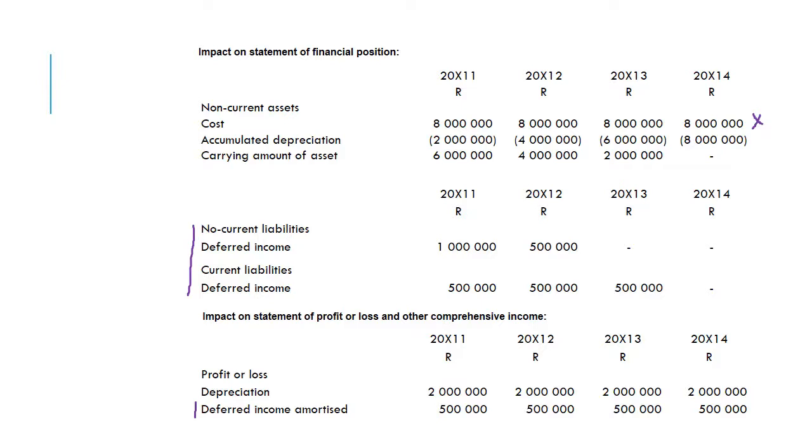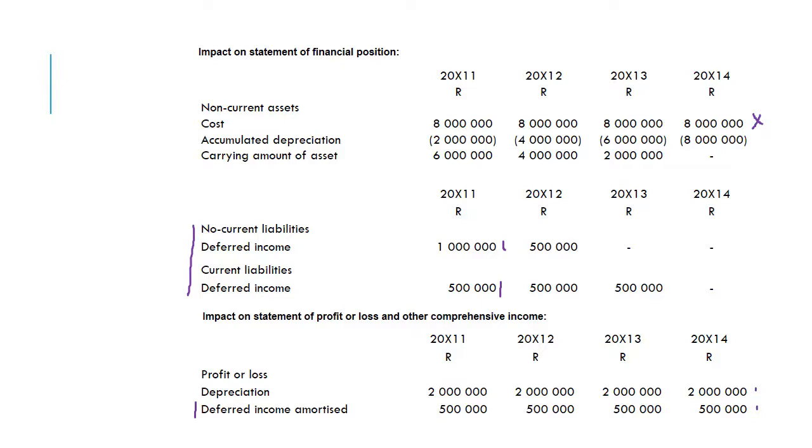So next year 500,000 will be amortized, so that is current, and that means that the 1 million is non-current. Then here in our statement of profit and loss, we have a depreciation which is 2 million, and then we have our deferred income amortized 500,000.